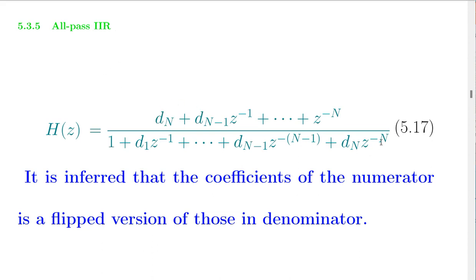Flipped version of what you see here will appear in the numerator. It's inferred that the coefficients of the numerator are a flipped version of those in the denominator.